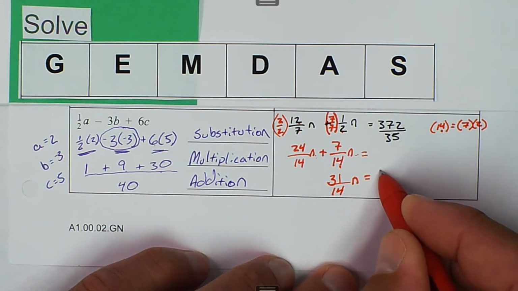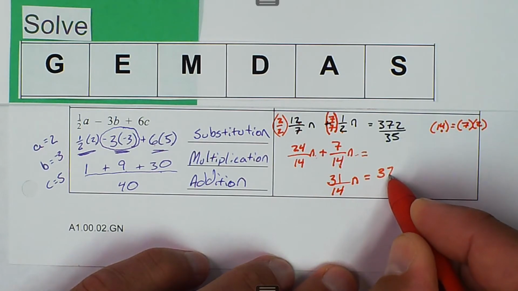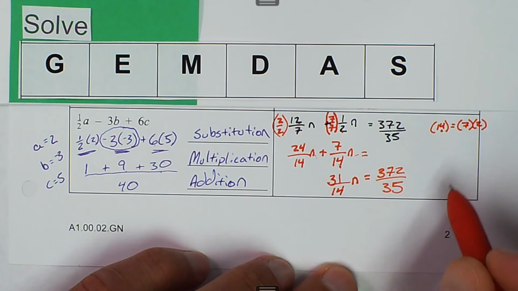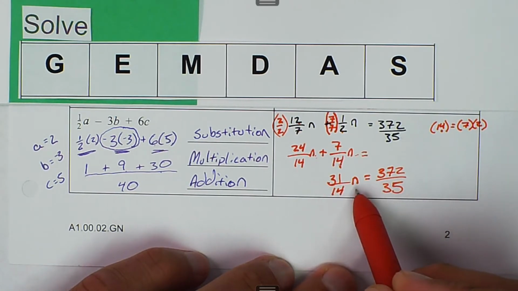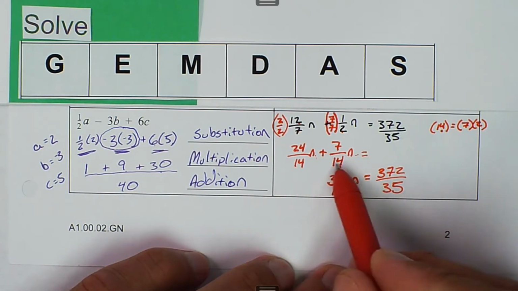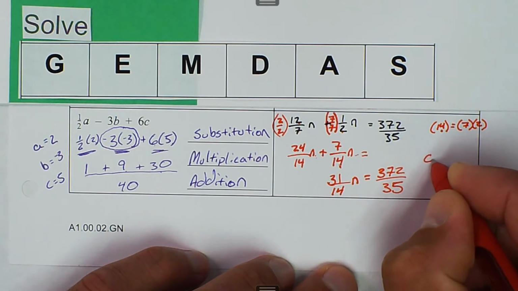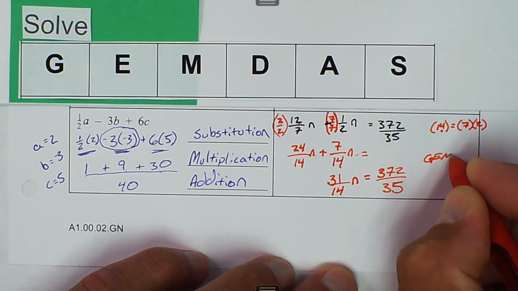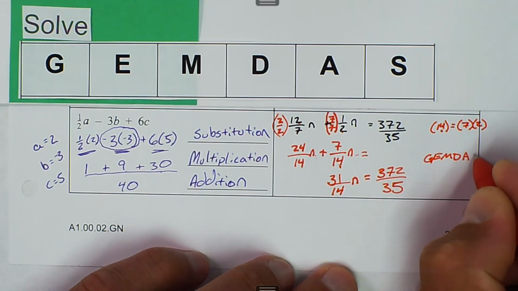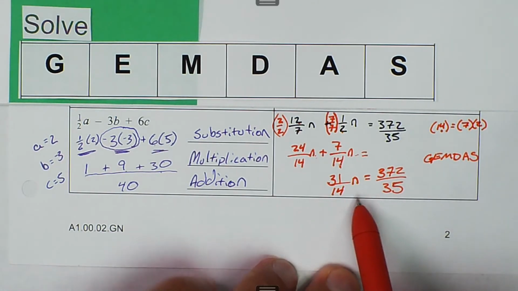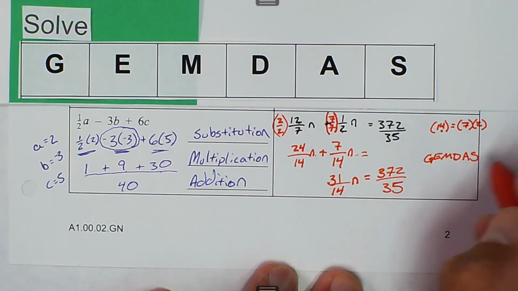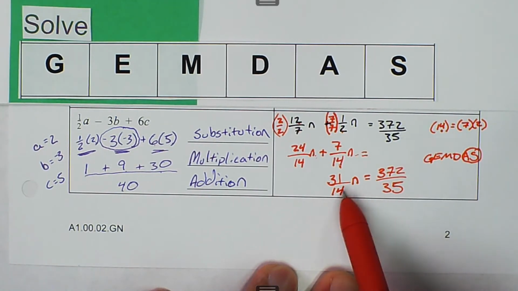Now we can look at what happens when we bring in our solution. Okay, at this point, we're ready to start solving. Right here, we were just combining like terms, but now we're ready to use GEMDAS to figure out what the value of n should be. So we're working backwards. We look for addition and subtraction. Do we have any addition and subtraction?